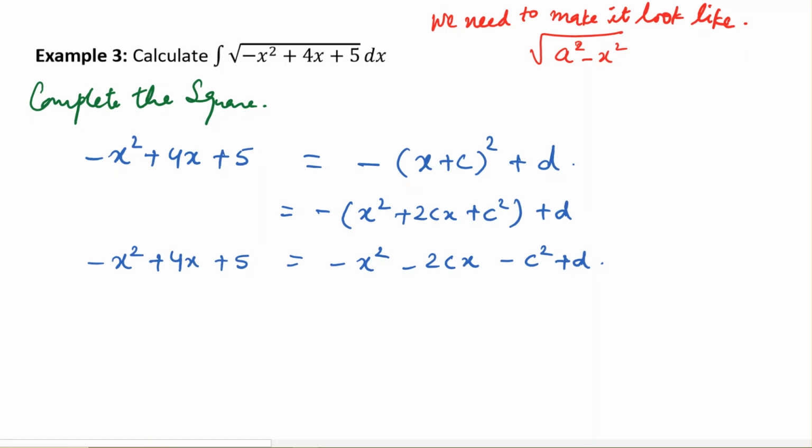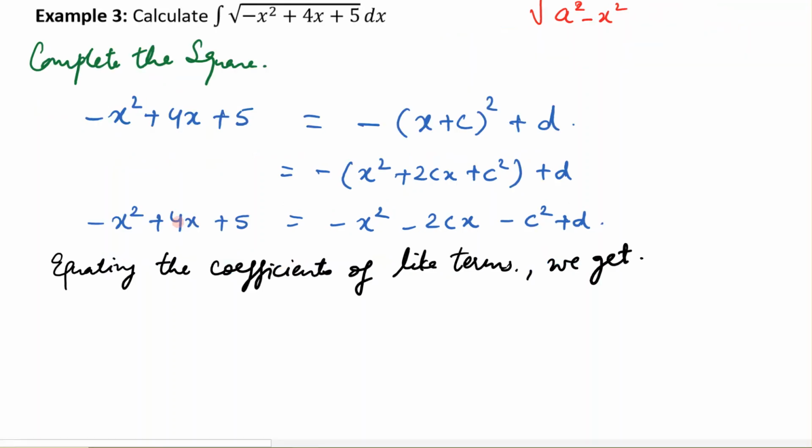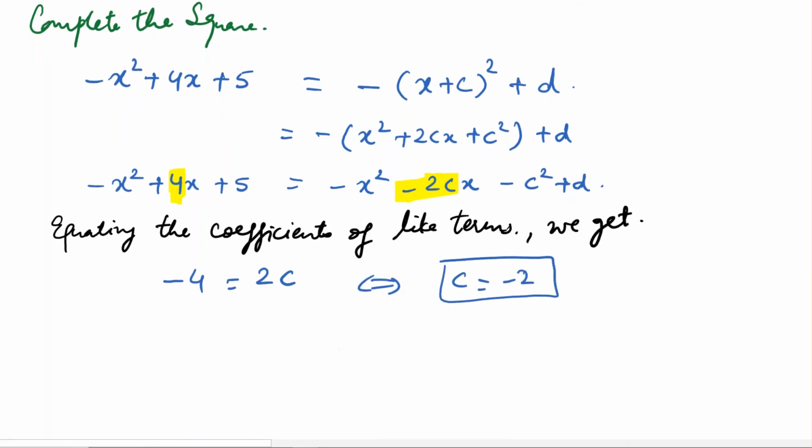So now equating the coefficients of like terms, the coefficient of x is 4 on this side and negative 2c on this side. We get negative 4 is equal to 2c, so this implies c should be negative 2. Similarly, if you compare the constant terms, negative c squared plus d should be equal to 5.